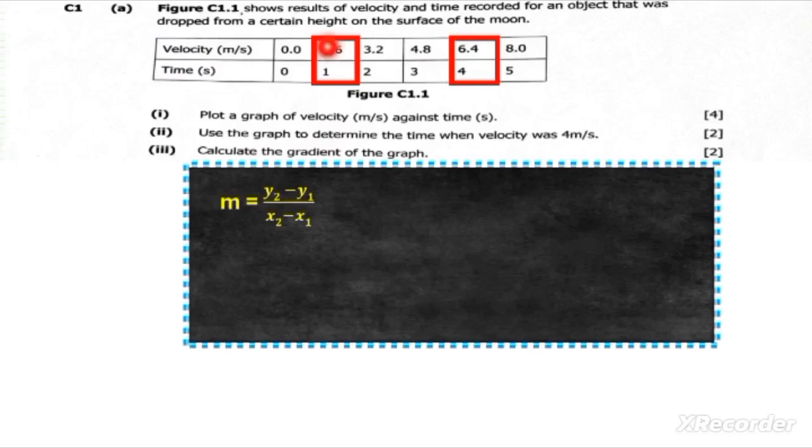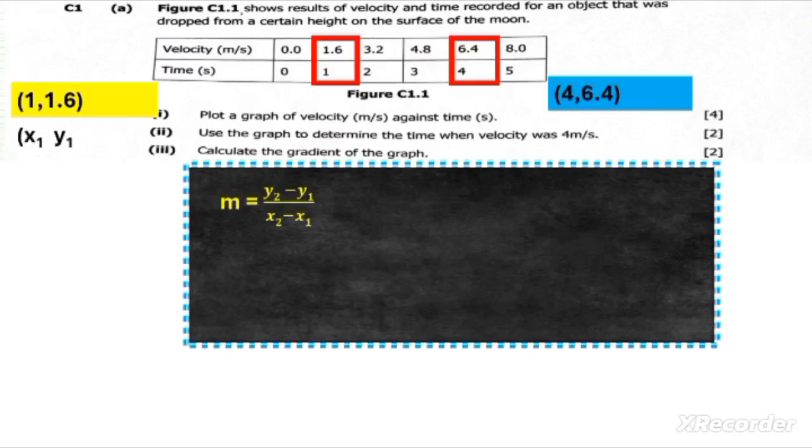These are two coordinates I've picked. You can also pick any two coordinates that you want here. I have picked 1, 1.6 and 4, 6.4. These are the coordinates I will use to find the gradient.